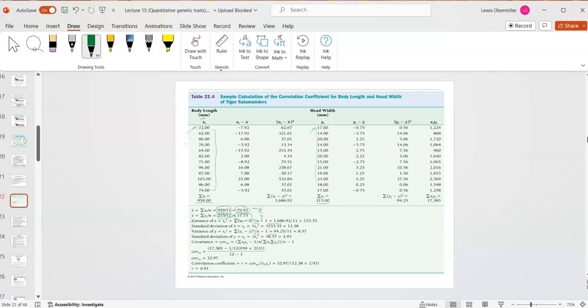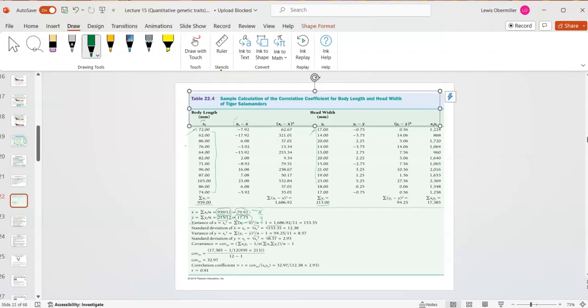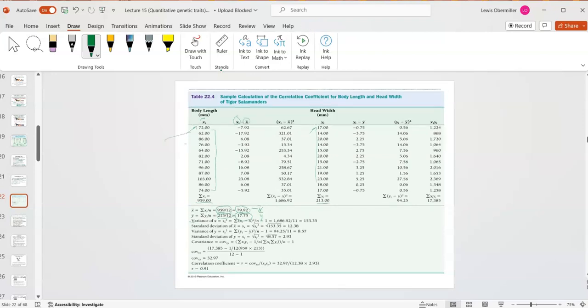So we take the sum of xi minus x-bar squared divided by n minus 1. So this is exactly what we did before. All right, we're going to take the difference between the number and subtract it from the mean. So if you did the math out here, this would be 72 minus 79.92, which is 7.92. And so we square that, right?